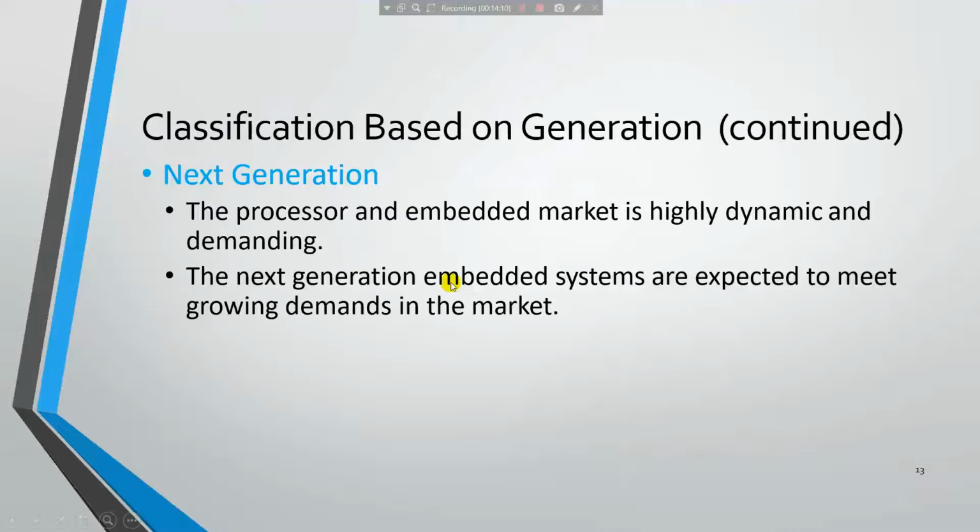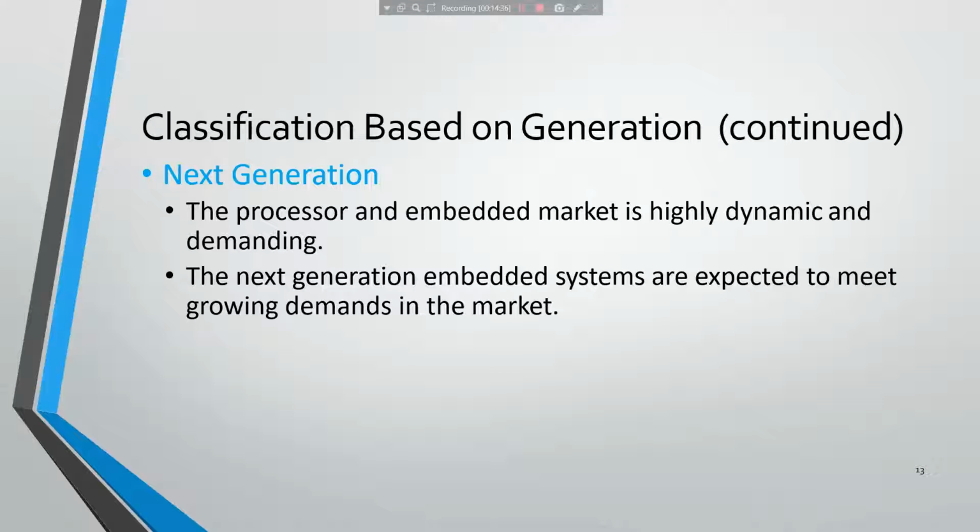So last, that is the next generation. The processor and embedded market is highly dynamic and demanding. If you observe here, when it comes to demand, a new type of processor has to come into picture, which means it has to go through a lot of research and development, which takes a lot of time, but the demand is more.